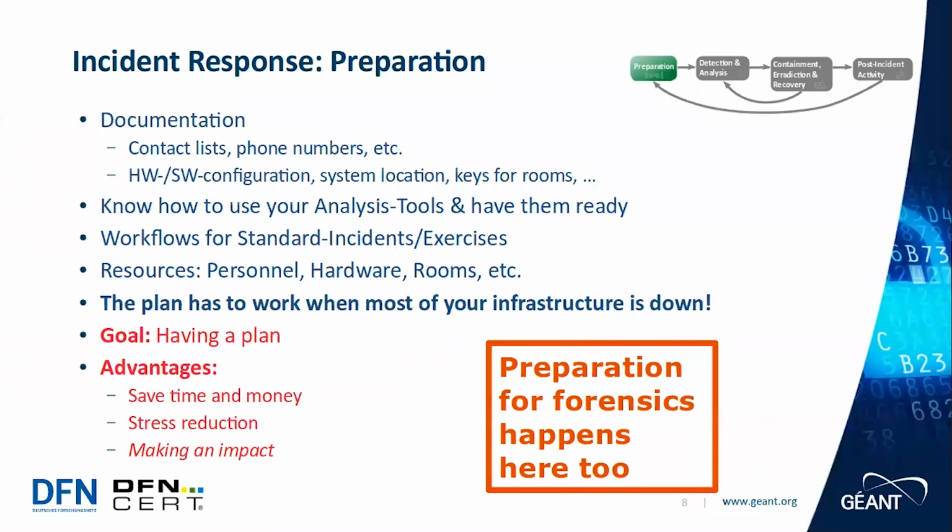It is a list of hardware and software configurations, where your systems are located, in which rack they are located, or on which host, which virtual machine, or which Docker container, keys for the rooms to access this, and how to access the rooms at night or on weekends or on national holidays, so that we can do a quick response if it needs to be.